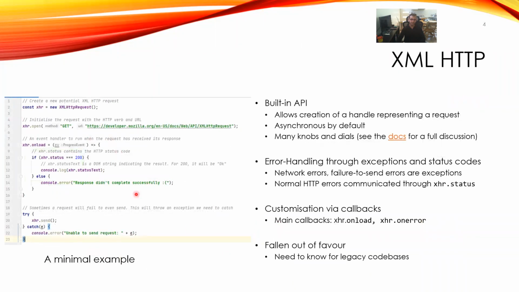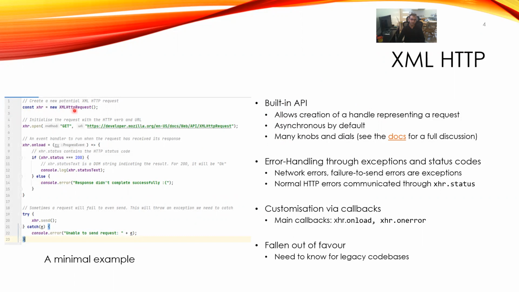So here we have a minimal example, and we'll be seeing more code like this. So don't be too alarmed if you don't quite understand it. But things to know: XML HTTP request is a built-in API in browsers, much like document and fetch, as we'll see.